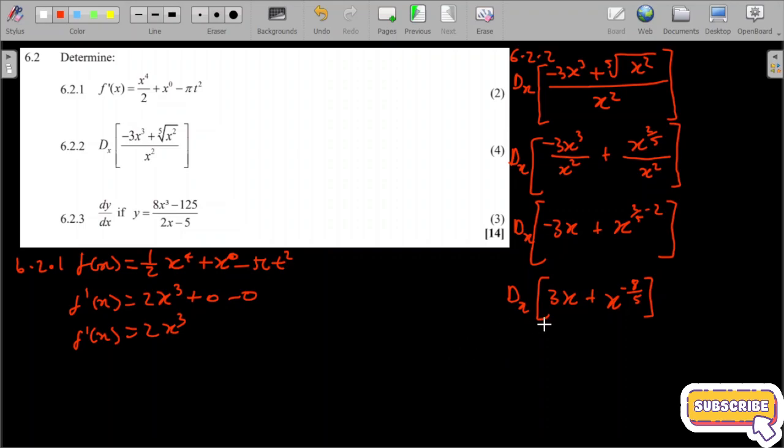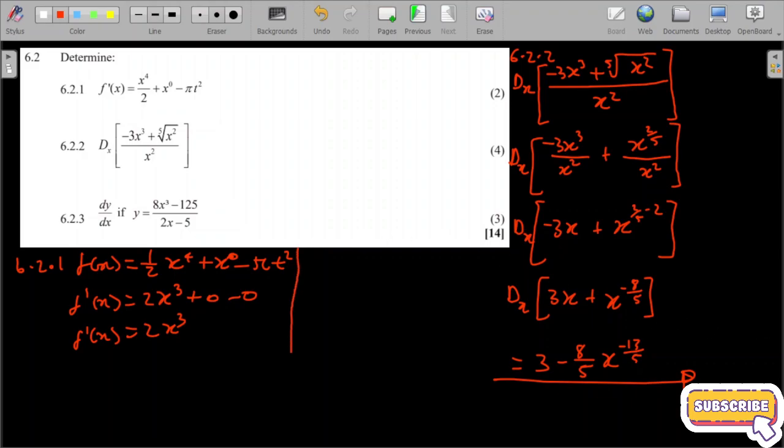So now deriving this one is just going to be negative 3 minus 8 over 5x to the negative 13 over 5. And you can leave your answer like this. You're going to get your full 4 marks.